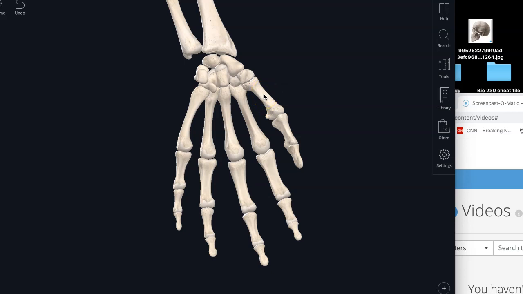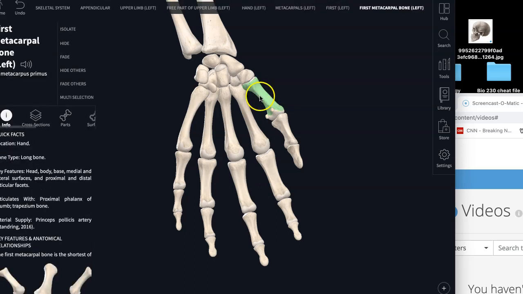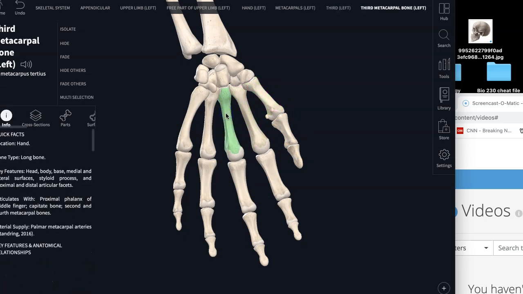We got 5 metacarpals. The way we're going to name these, this is going to be metacarpal number 1. The thumb is always number 1. Metacarpal number 2, metacarpal number 3, metacarpal number 4, metacarpal number 5.